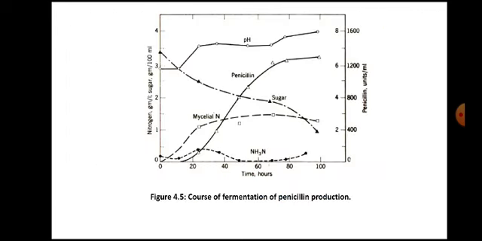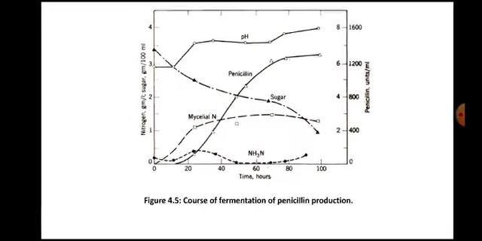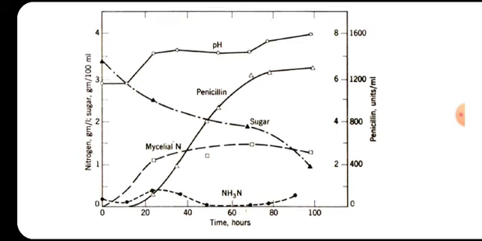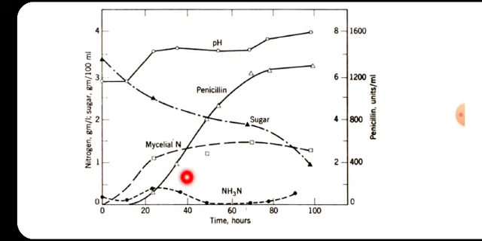This is the graph that shows the course of penicillin fermentation. We can note here that on the x-axis it is time, and on the y-axis there are different parameters like penicillin yield, concentration of sugar and pH.